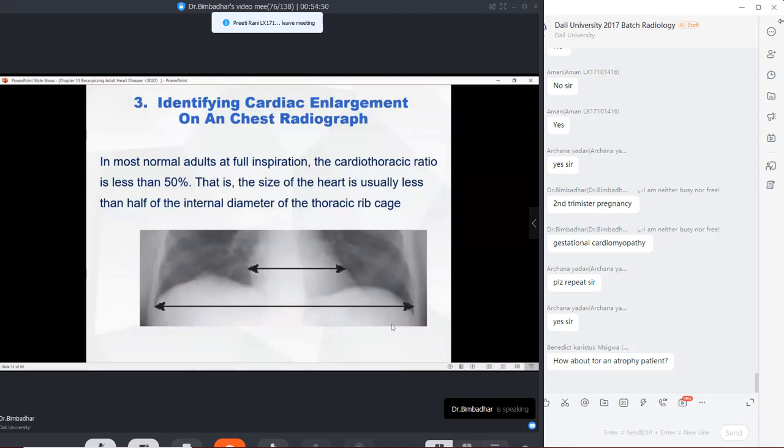Right, now Benedict, what is a condition that causes atrophy of the heart? Is there any medical condition in the whole medical literature that causes atrophy of the heart?